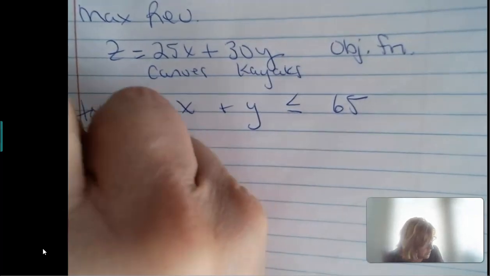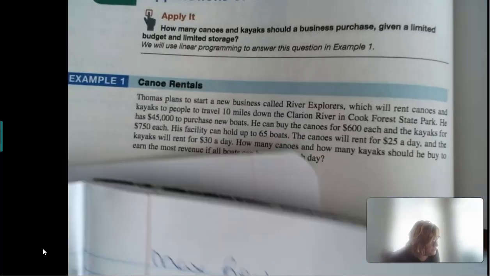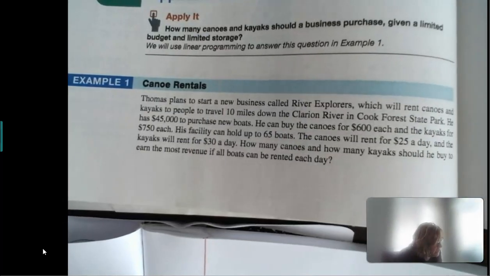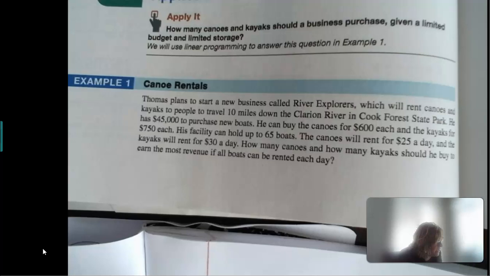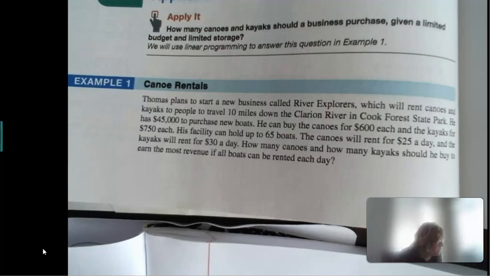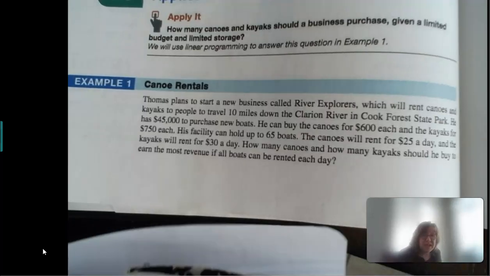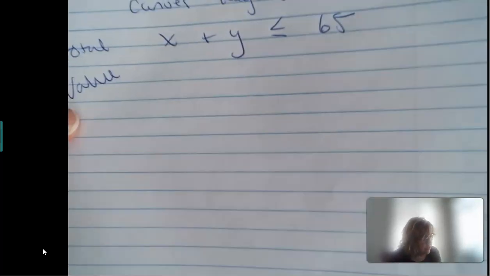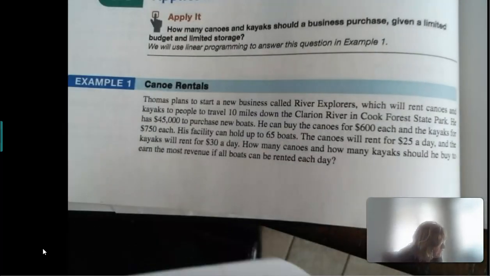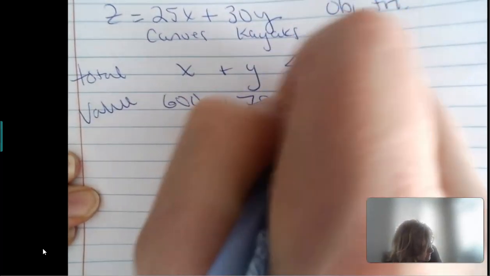Let's look for a value on this one, because usually there's a value. How much is he spending on these? He can buy canoes for $600 each and kayaks for $750 each. So in my chart, I am going to write 600x plus 750y.